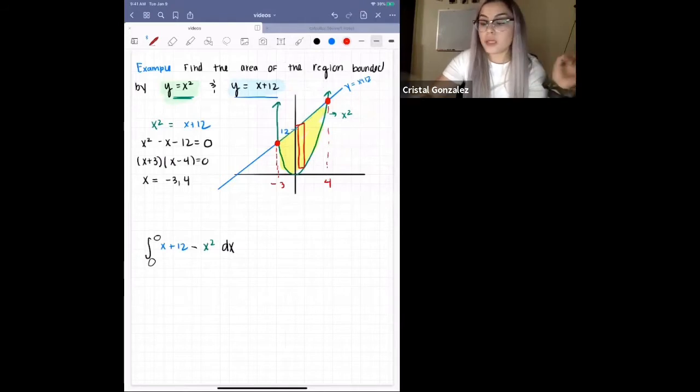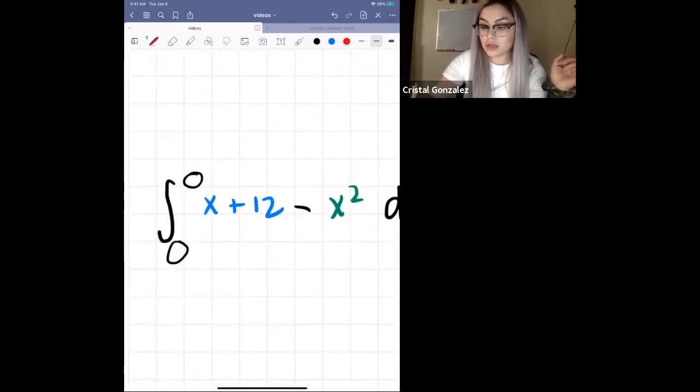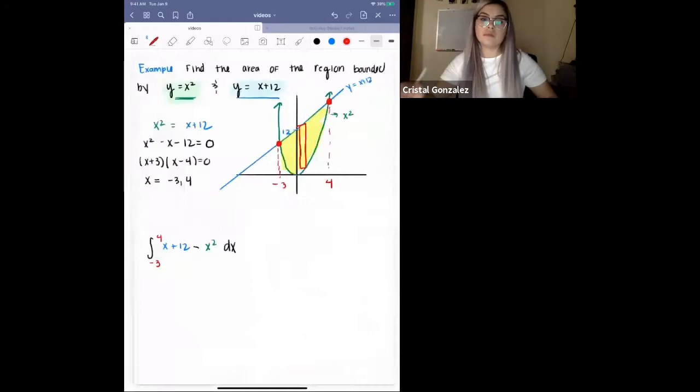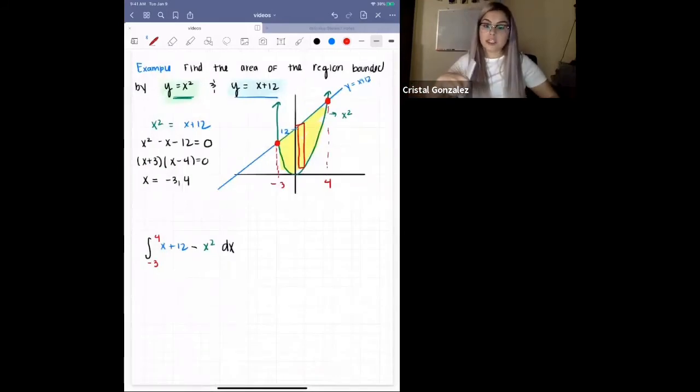So now we know we're going to be integrating from -3 to 4, from our top function minus our bottom function. So this is going to be our top minus our bottom function.